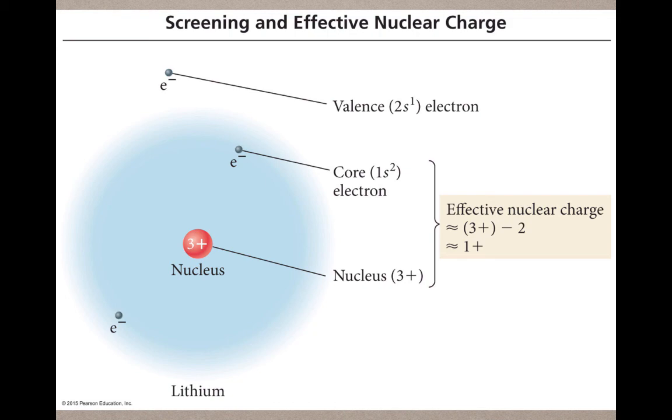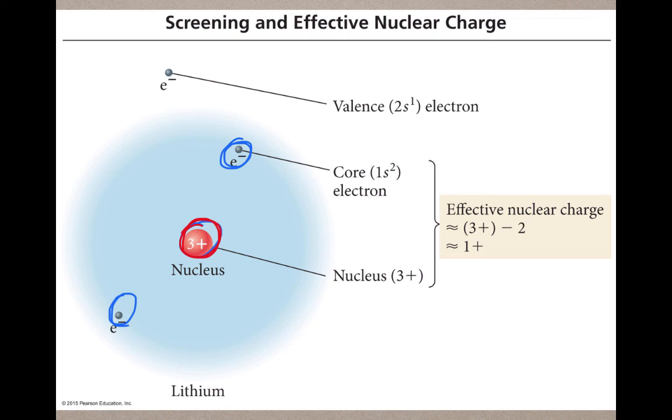We see here, this is just for a lithium atom. We've got our 1s electron here and another 1s electron here, so those are in the core. Our nucleus here has three protons in it, so it has a 3+ charge.